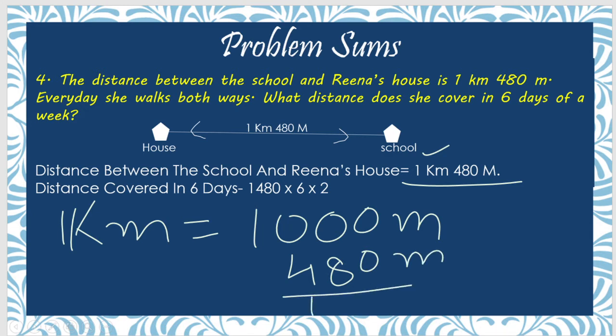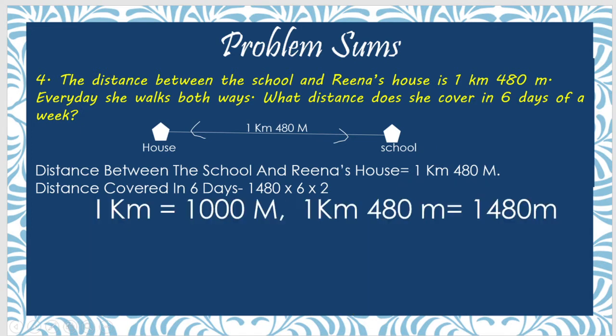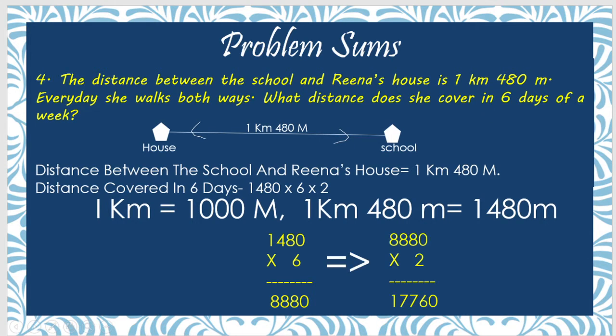So it will be 1480 meters, and this is written here in the question. Next we will multiply 1480 by 6, as it is 6 days a week. Then we will again multiply this number by 2, as she has to walk both ways.